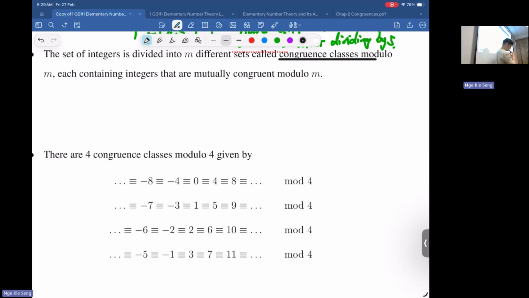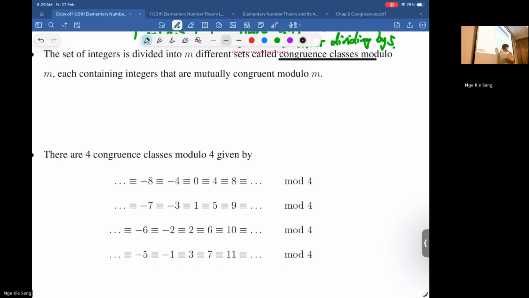For example, there are 4 congruence classes modulo 4 here. You have all the terms that have remainder 0, so these are the multiples of 4. And then all the terms that have remainder 1 after dividing by 4. Can you observe anything? How do you get this line here? You just add 1 to the class of 0.